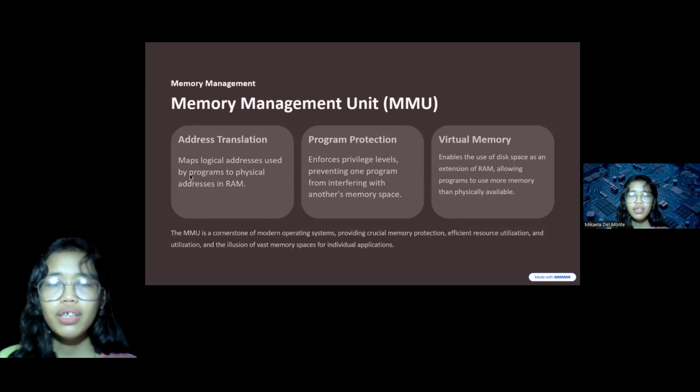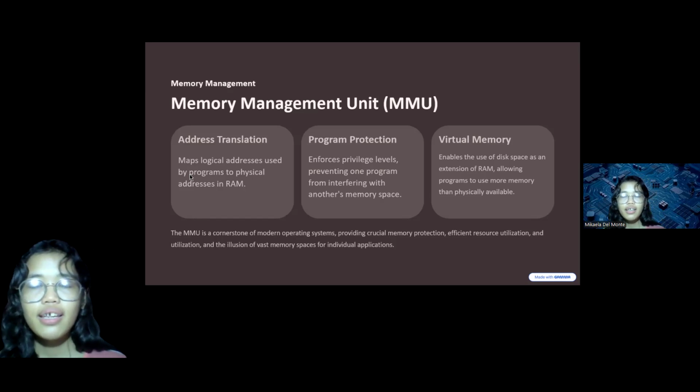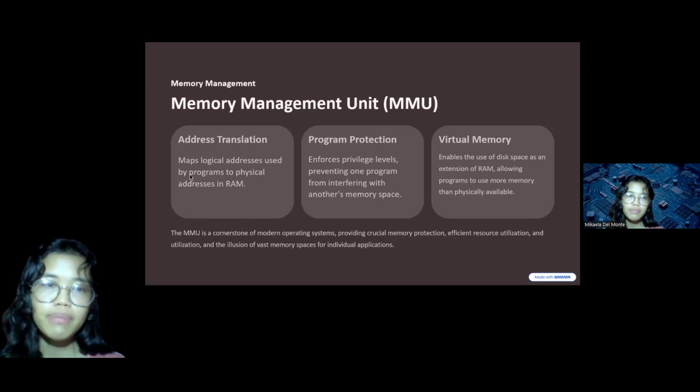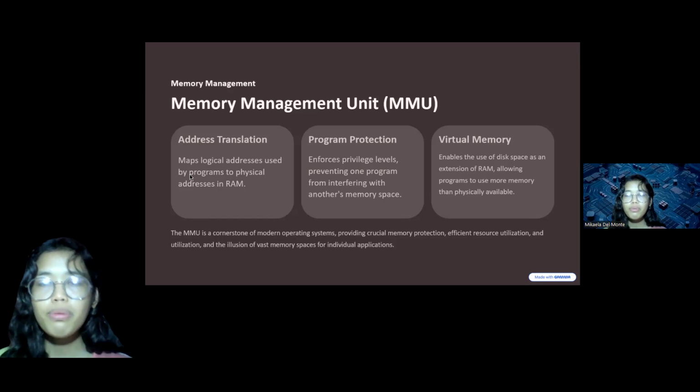So the MMU maps logical addresses to physical memory, enforcing privileges and supporting virtual memory. For example, a user program cannot override the OS memory. Virtual memory allows applications to use more memory than is physically installed.